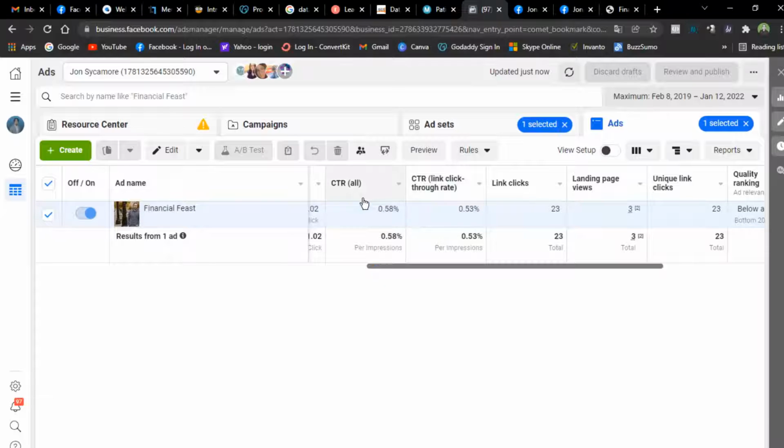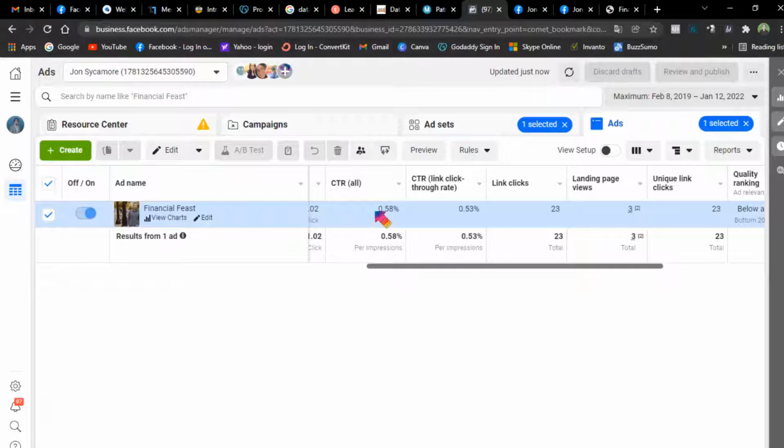So for the ad creative, I look at the CTR all. That means click-through rate all. So let's say if you have 1% here, that means out of 100 impressions, one person will stop to click on your ad. So if your creative is stopping people from the scroll, you'll get at least 5%.